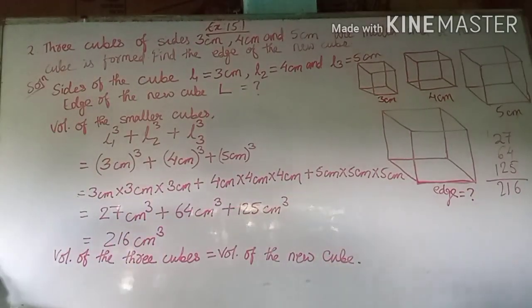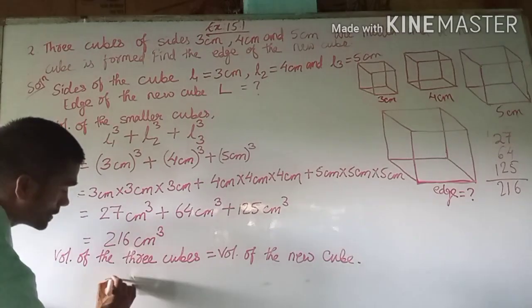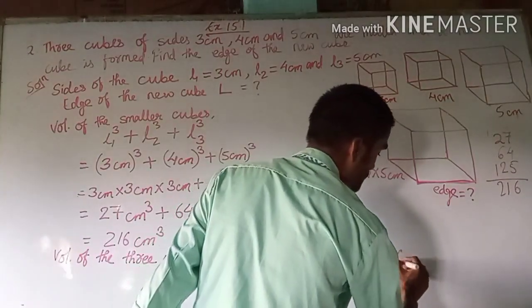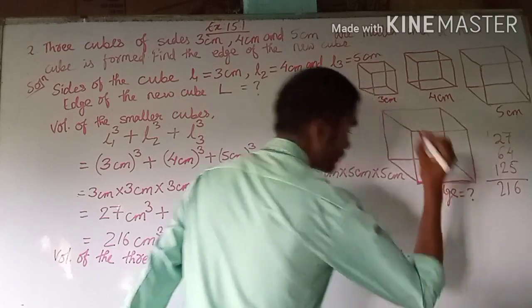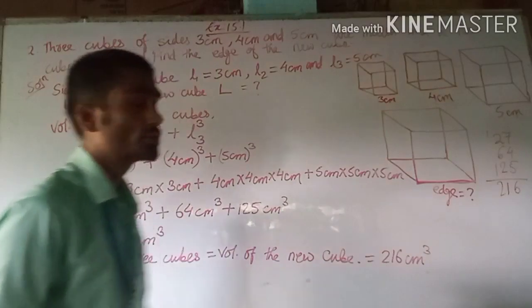The volume of the new cube that we got here is 216 centimeter cube. Now we will find the edge of this cube.